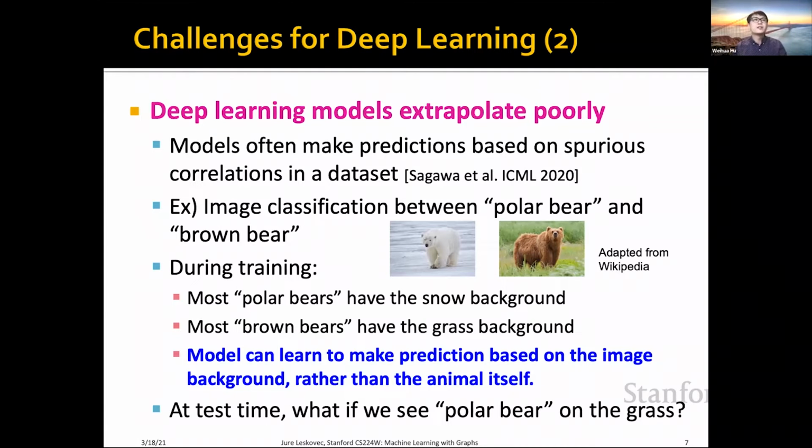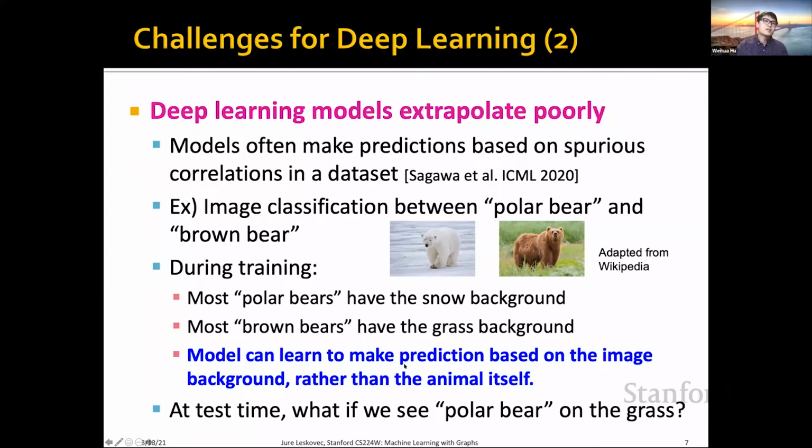So let's consider a toy example of image classification between polar bear and brown bear, whose images are shown here. Let's say in our training data, most polar bears have a snow background like this, and most brown bears have a grass background like this. As a result, the model can learn to predict whether the given image is a polar bear or brown bear based on the image background rather than the animal itself, because that's sufficient to make predictions over the training data set.